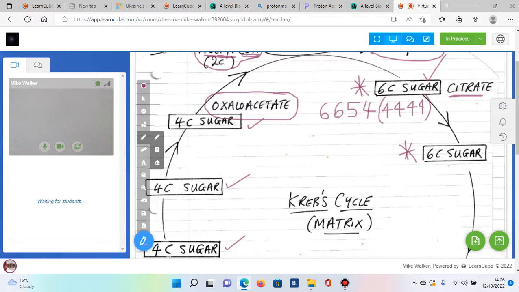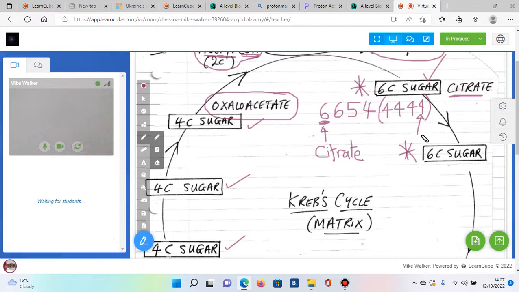If you can remember that, then on a rough piece of paper in the exam, you could just draw a circle, start with citrate, there's your first 6, and then start listing the numbers: 6654, brackets, 4, 4, 4, and then the last number 4.